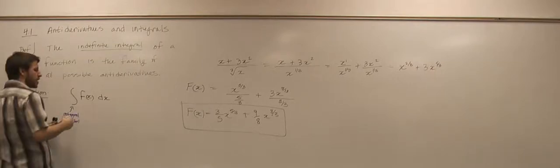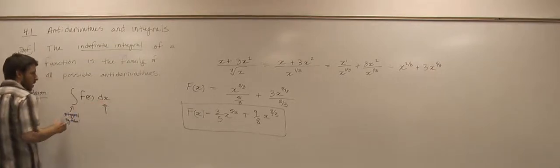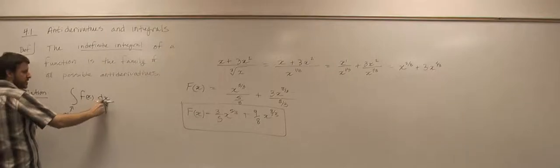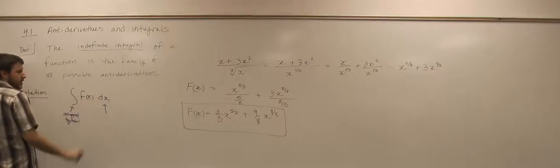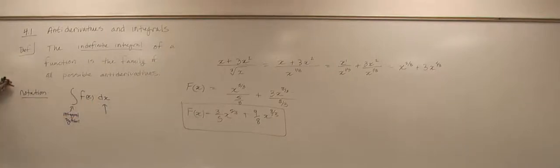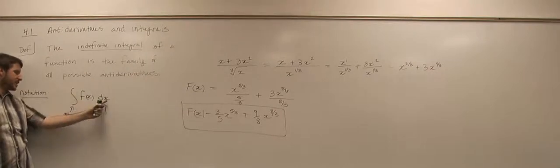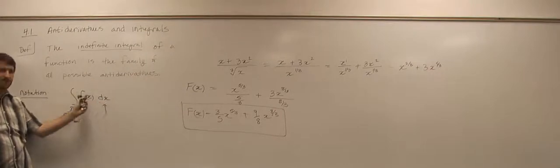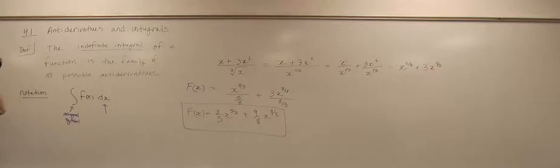But for the most part, you're going to use it to tell you what variable you integrate with respect to. Kind of like how we were doing d dt sometimes. If it's a dx, you integrate with respect to x. If it's a dt, you integrate with respect to t.